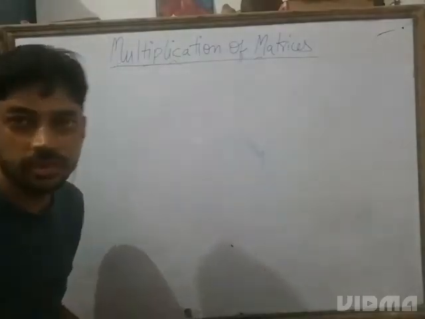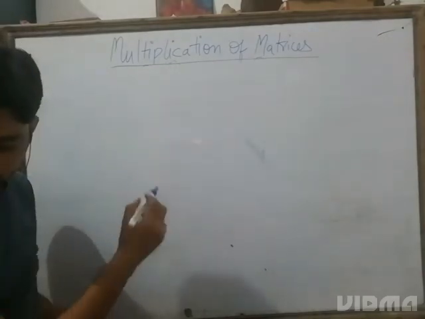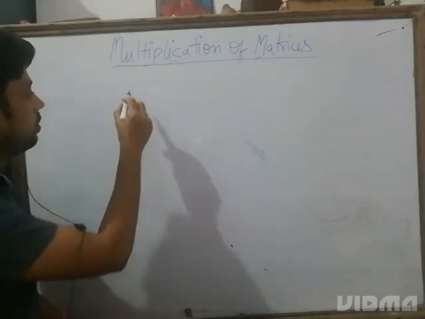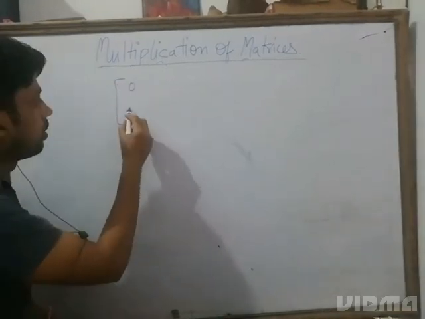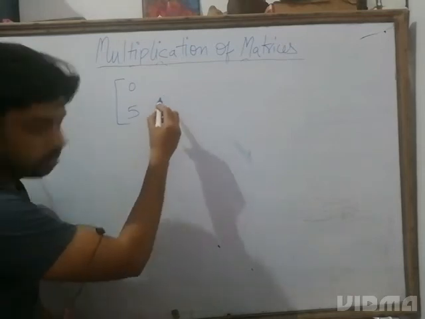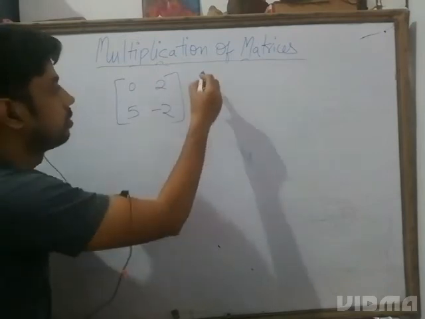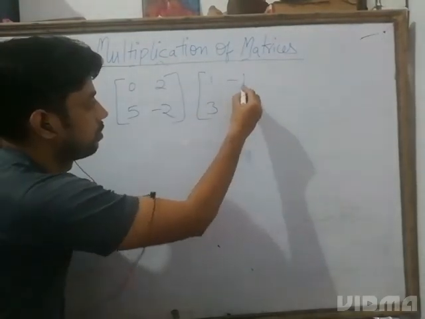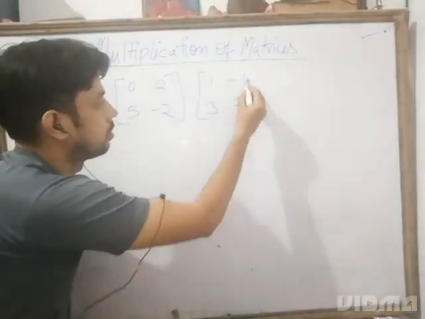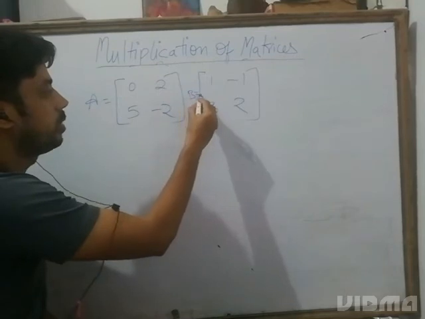So we will solve a few questions. Now we will take a 2 by 2 matrix. This is the A matrix and this is the B matrix.